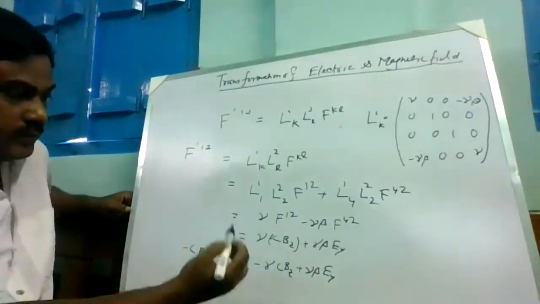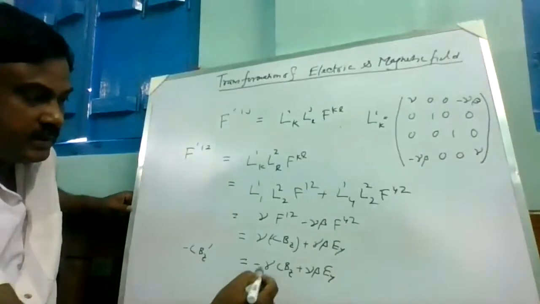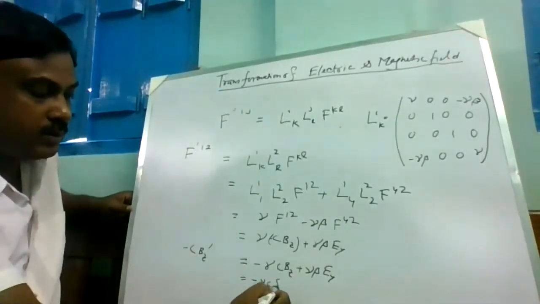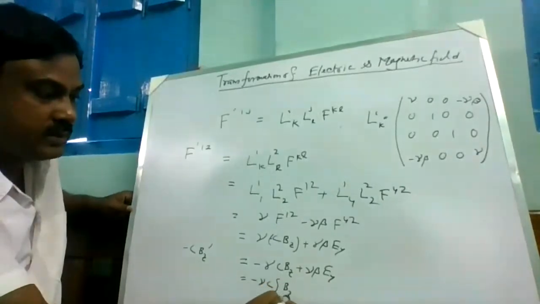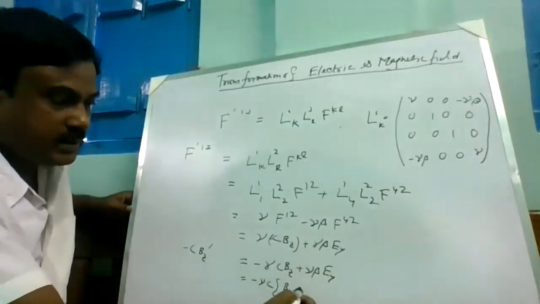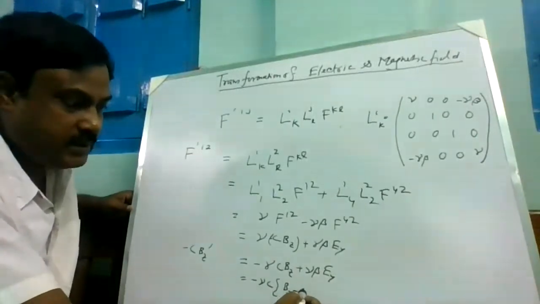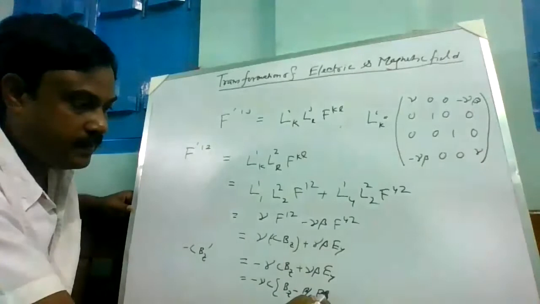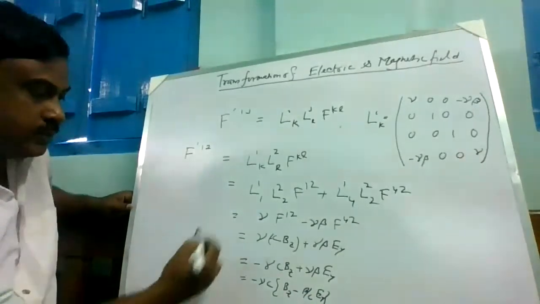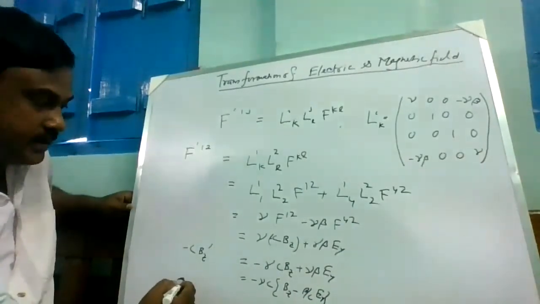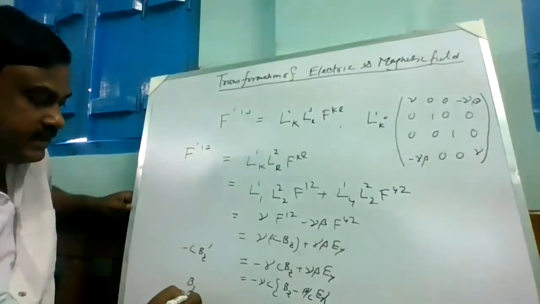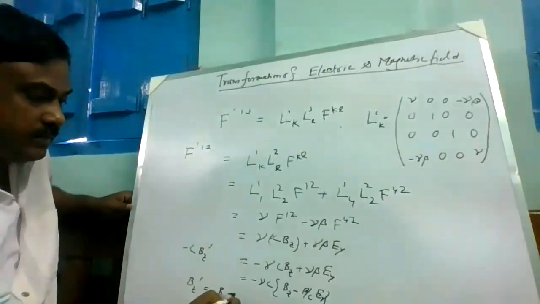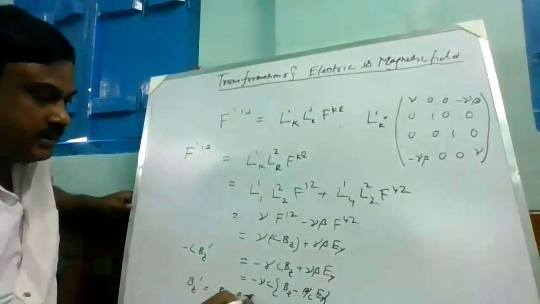So if we compare this, taking minus gamma c common, this will be Bz minus beta by c Ey. So straight away you can find the relation: Bz dash will be equal to Bz minus beta by c Ey.